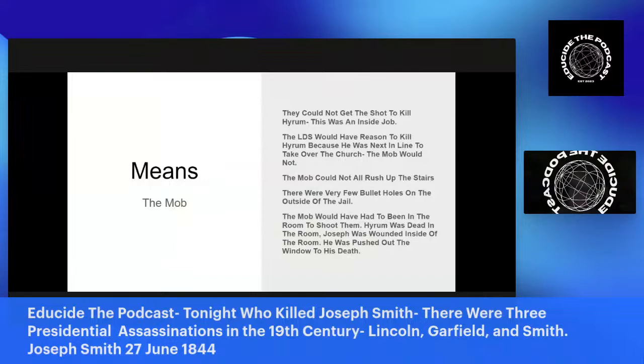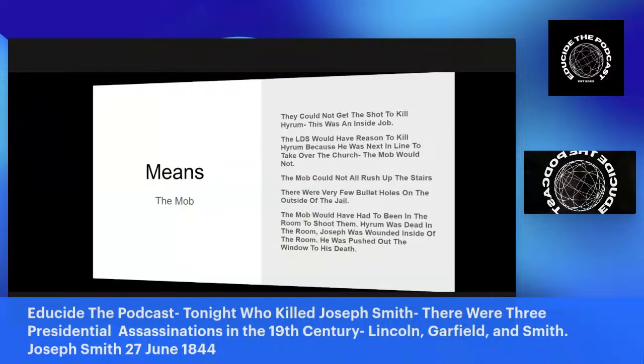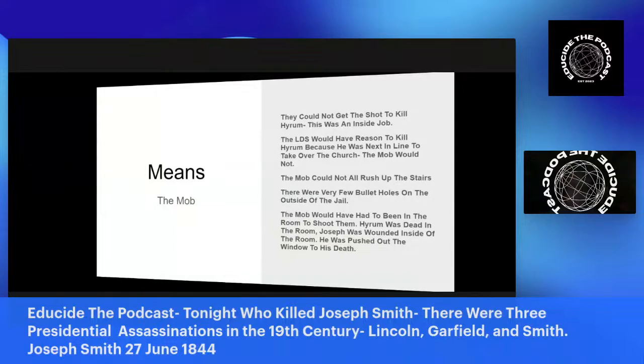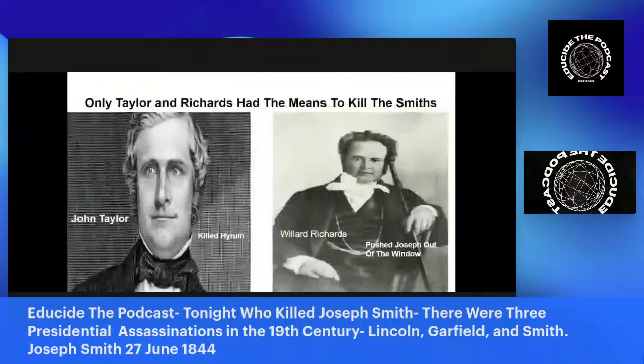Hiram was dead in the room. Joseph was wounded inside the room. Then he was pushed out the window to his death. Only Taylor and Richards had the means to kill the Smiths. John Taylor had the means to kill Hiram, and Willard Richards pushed Joseph Smith out the window.